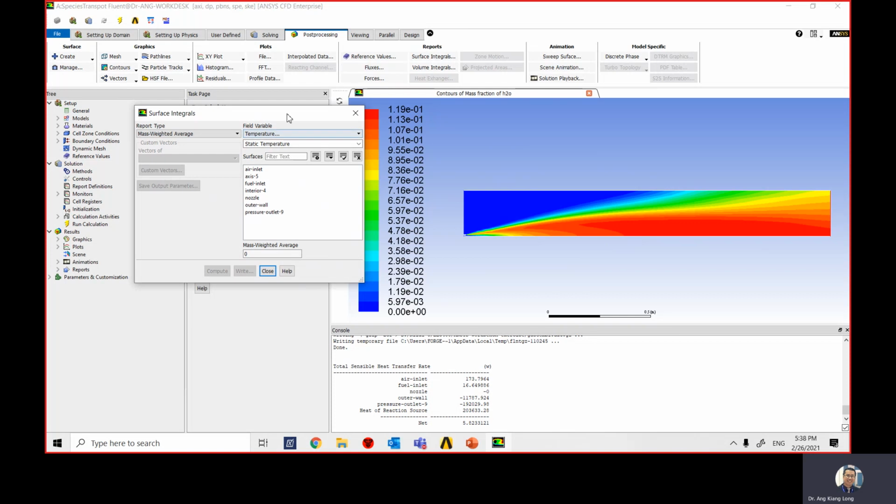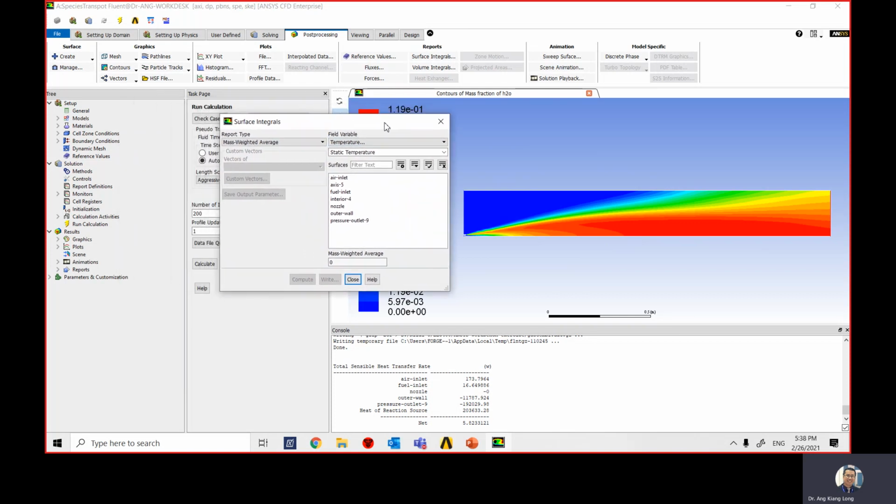So we ask the computer to compute the average exit temperature over here. When you select the surface, select outlet, so the computer calculates the temperature at the outlet. That's why you select pressure outlet number 9. The report type is mass weighted average, and you press compute.